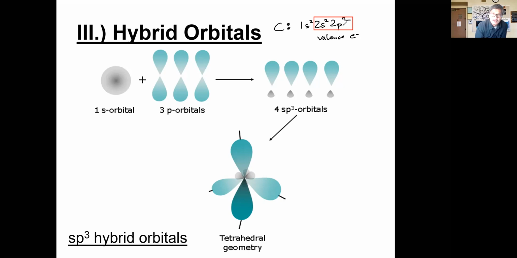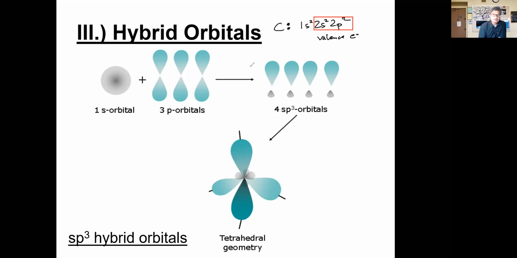Okay, so what carbon will do is take these orbitals right here and hybridize them. How does this hybridization process work? Basically, we blend together the one s orbital, and remember, s orbitals only have one shape, with all 3 of the p orbitals that comprise what we call p orbitals.